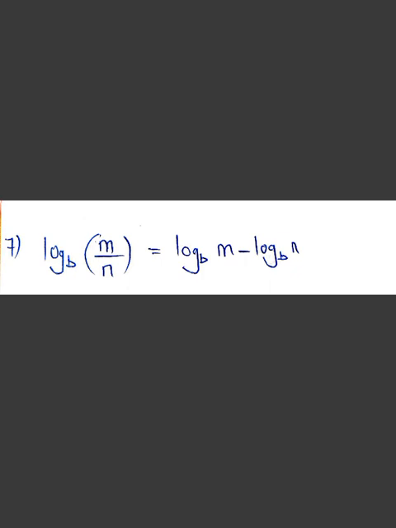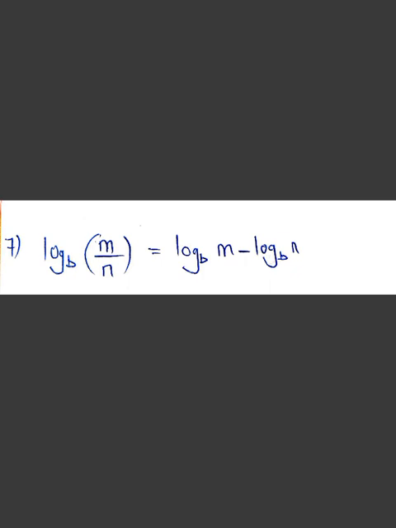Now it's minus instead of plus. So if they're being divided, the division will change to subtraction. And the number on top, you always have to start with the numerator, and then subtract the denominator.